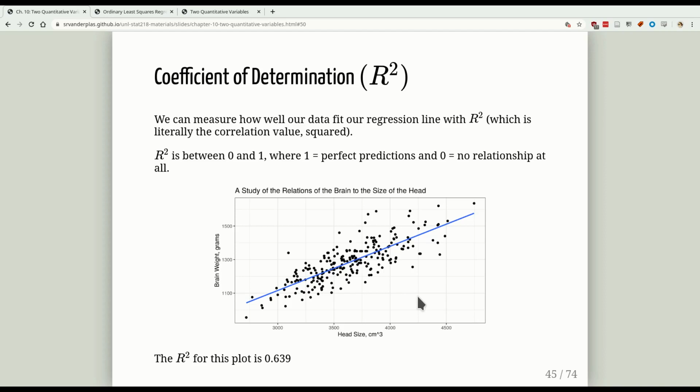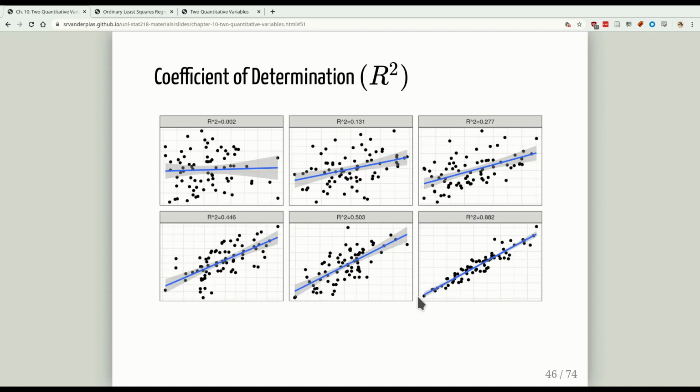Okay, so let's just look at what different values of r squared correspond to. From almost 0, to 0.13, to 0.277, to 0.446, and so on. You can see that as r squared gets bigger, our points get more tightly clustered around our line.